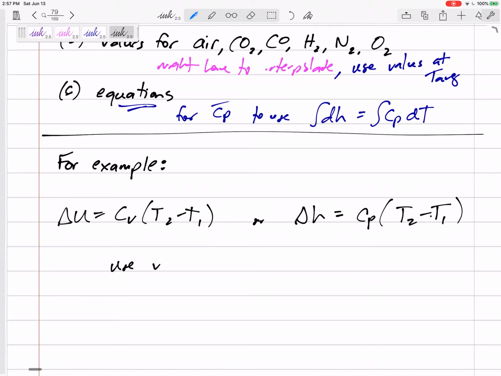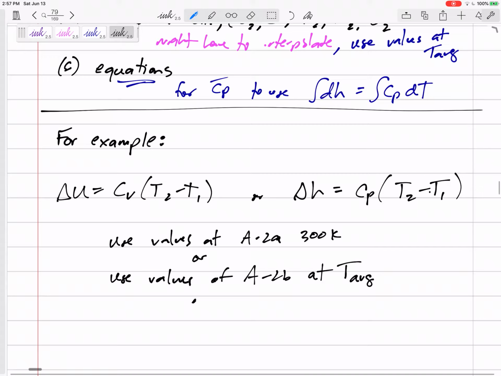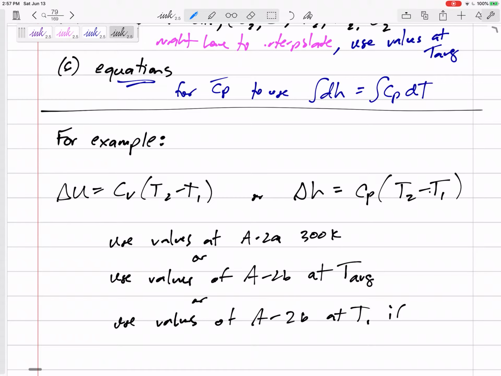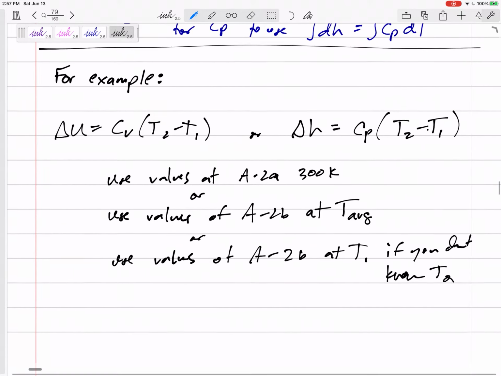So use values at A2A at 300 Kelvin, or use values of A2B at T average, or use values of A2B at T1 if you don't know T2. If you don't know T2, then you don't know the T average.